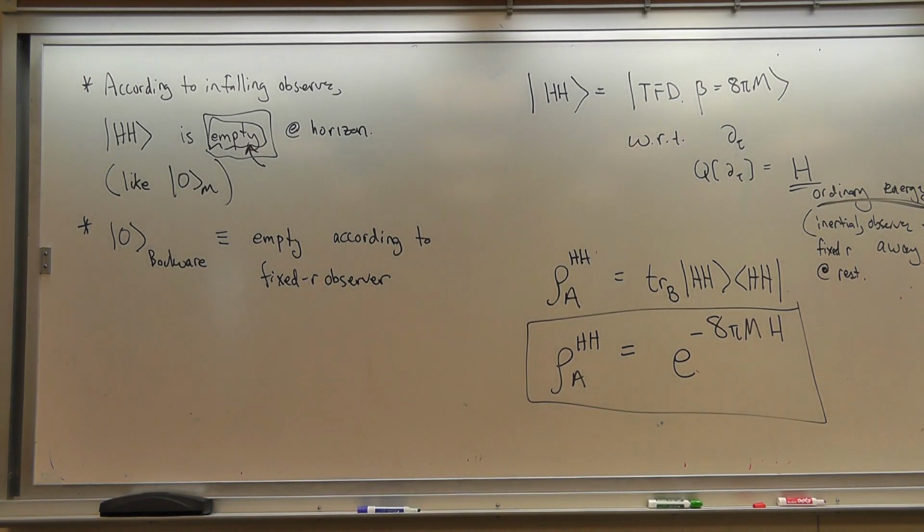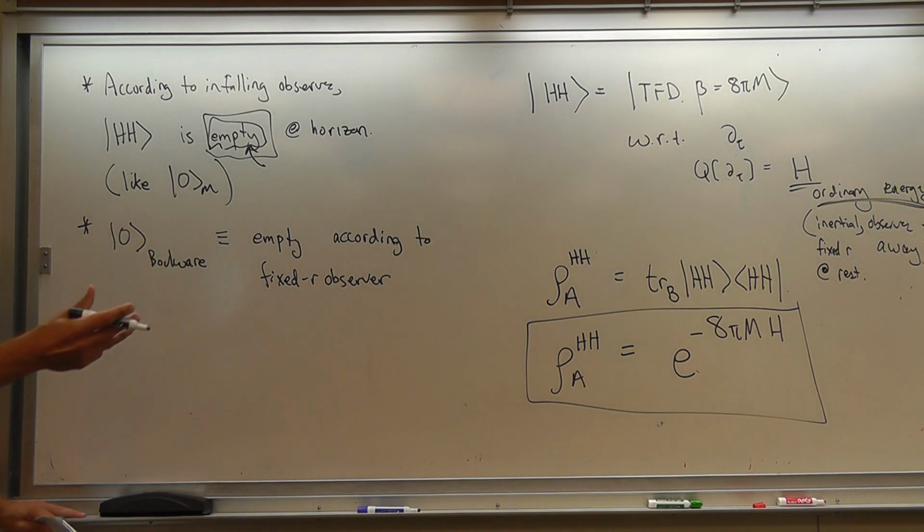One fixed R or all fixed Rs? Any fixed R. All those observers agree that there are no particles because they all have the same proper time, the Schwarzschild t. So if they all agree about the definition of proper time, they'll all agree that there are no particles in a given state.